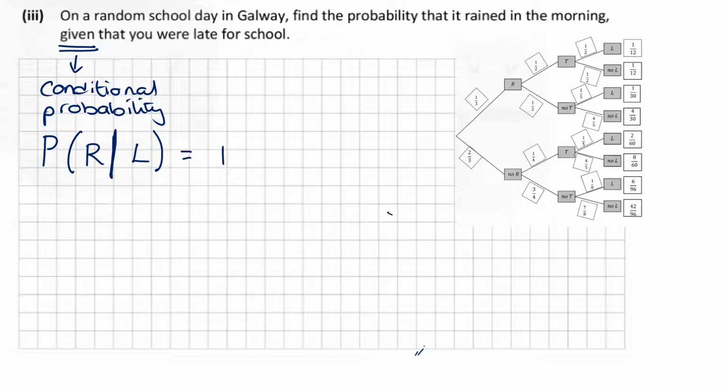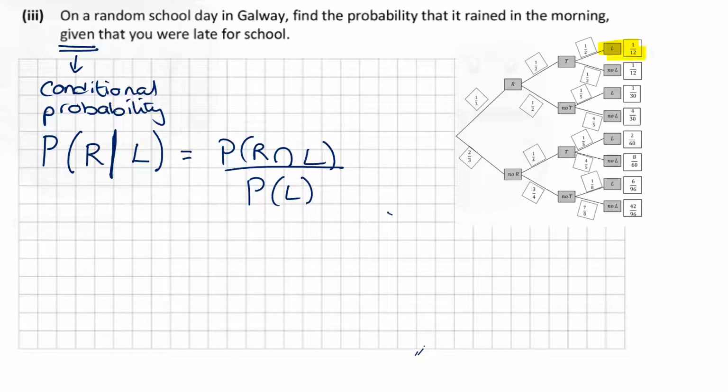And that's equal to the probability that it rained and you were late all over the probability that you were late. Now, the probability that it rained and you're late, let's take a look at that first. So we're dealing up here, it's the probability that it rained and you were late.